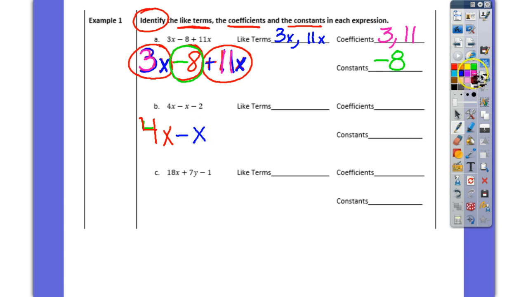And my third term is what? Minus 2 or negative 2? Minus 2. All right? 3 terms. Do I have any like terms? Sometimes you might not. Do I have like terms in this expression? What are they? X and 4x and x, right?